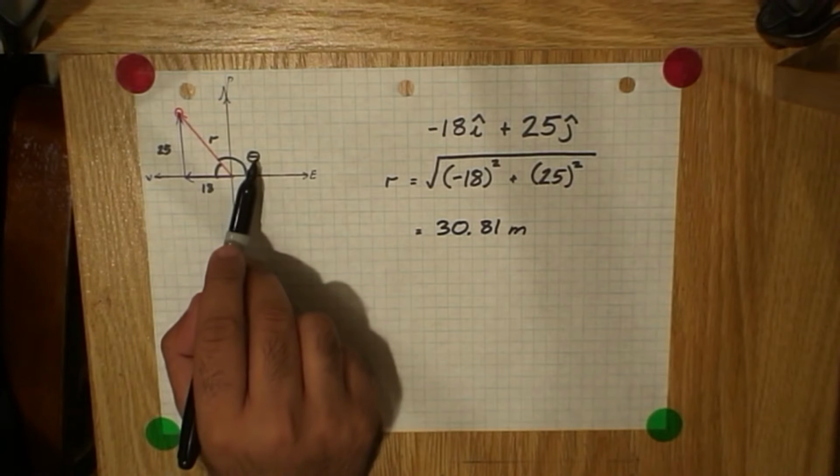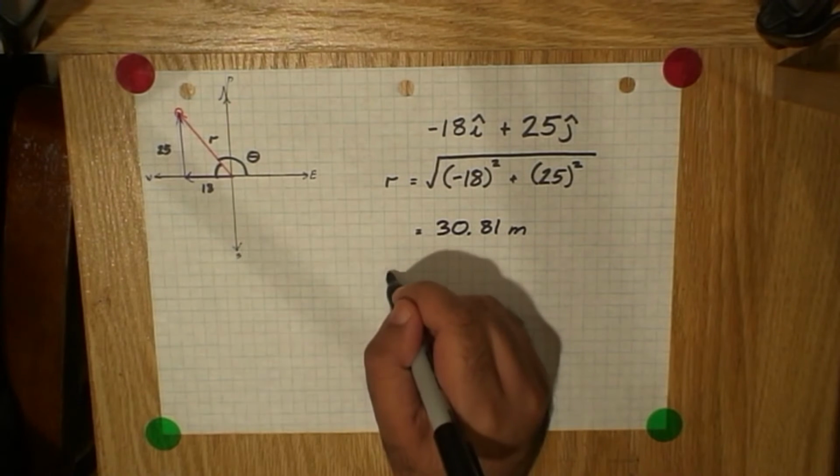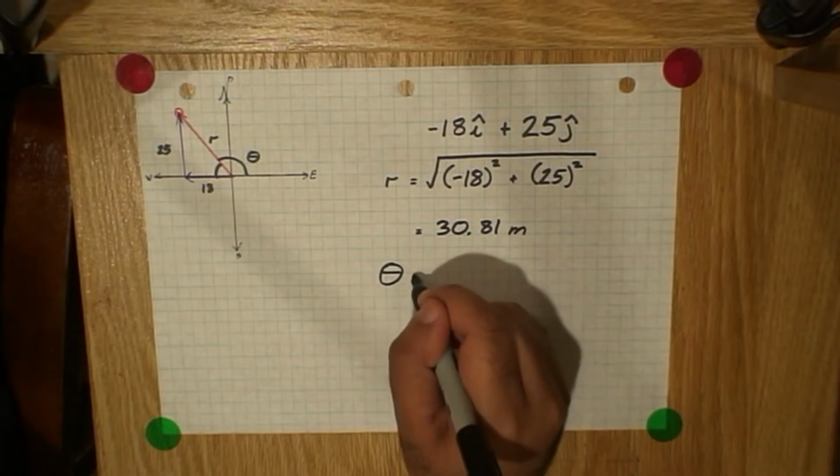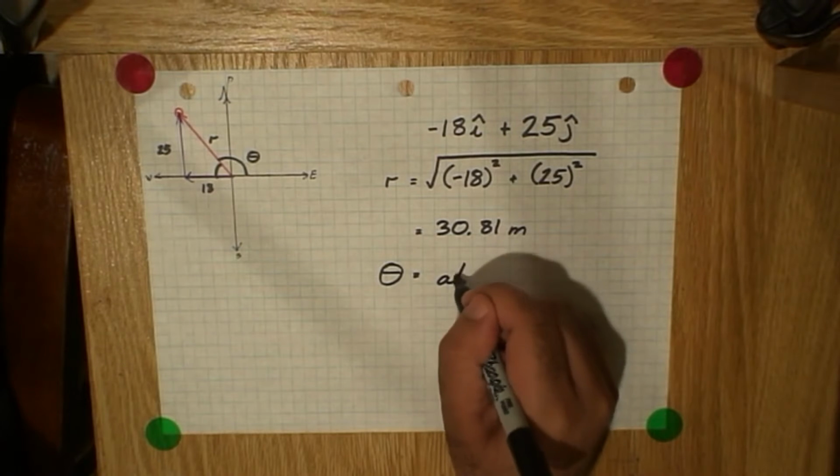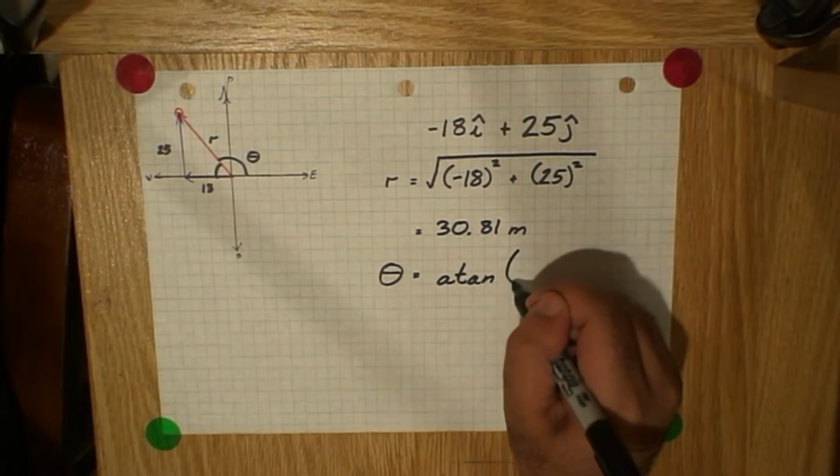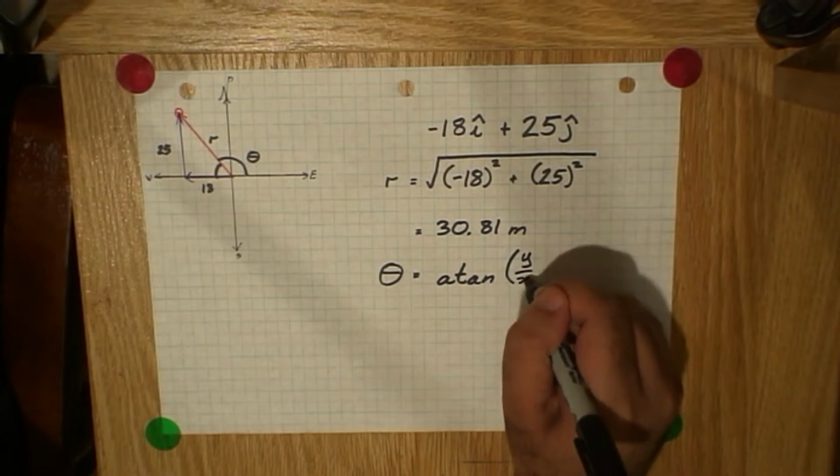Now, what about the angle theta? Theta is given to us by the arctangent of y over x.